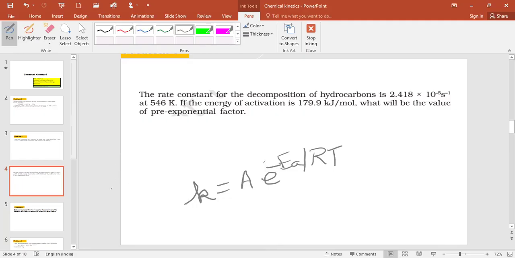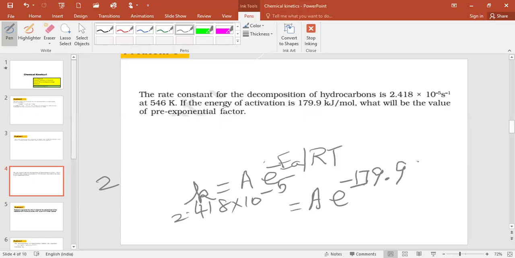So 2.418 into 10 to the power of minus 5 per second is equal to A, which is asked, into e power minus 179.9 divided by 8.314 into the temperature, 546. So I have substituted all the values.